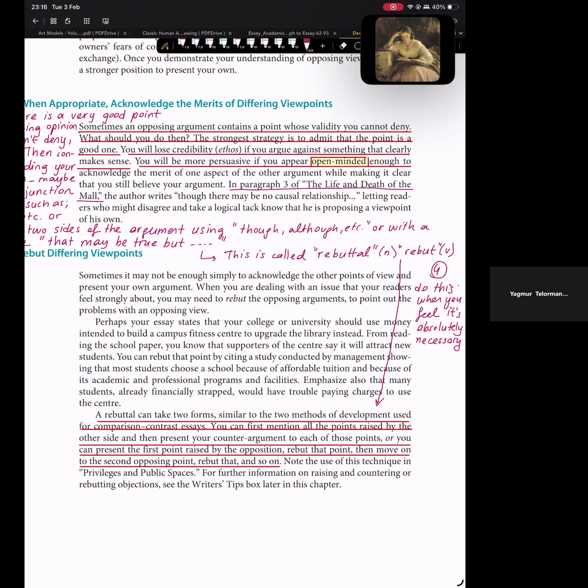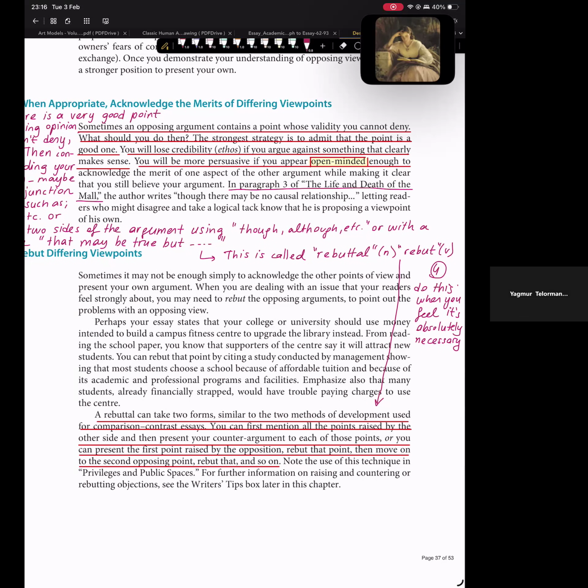Then you can take another point of the opposing argument, and then explain your side of the argument. So remember, one side at a time and point by point. It is just the same, but this time we are doing it for two sides of an argument.